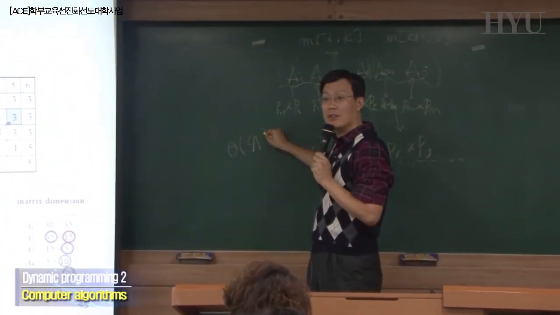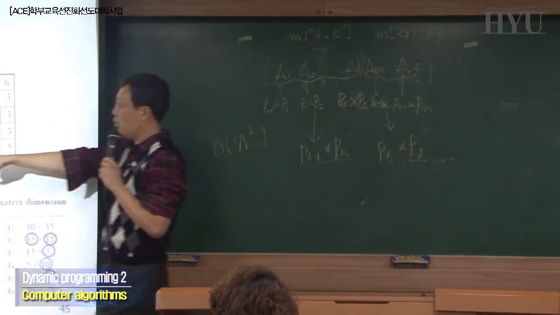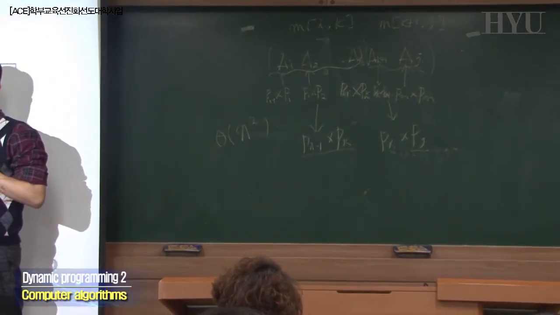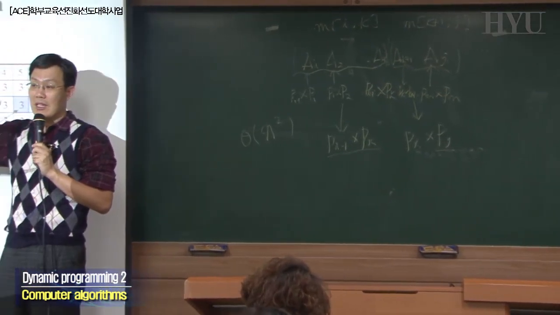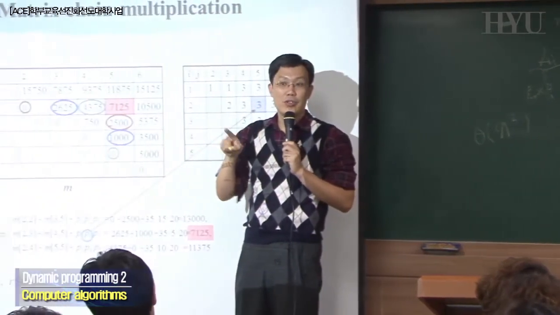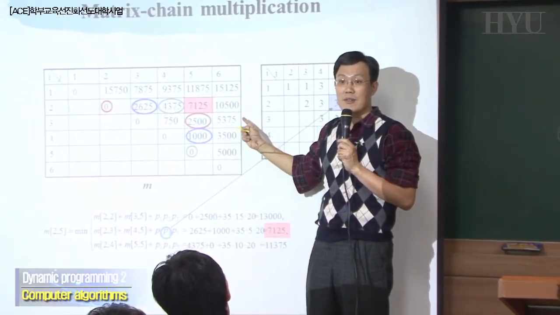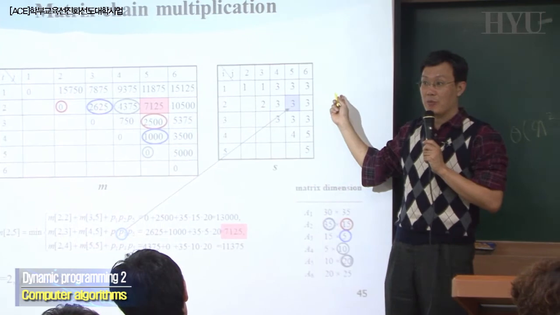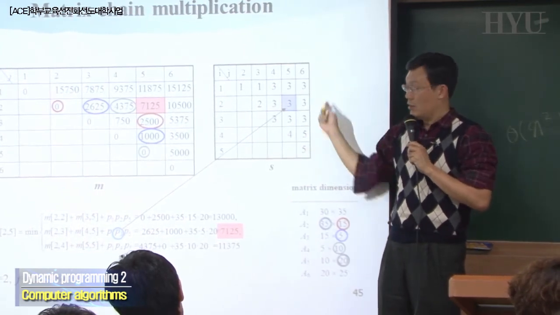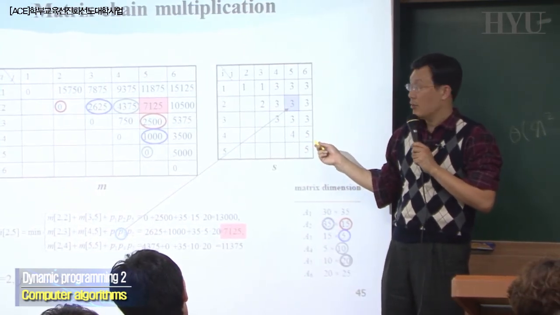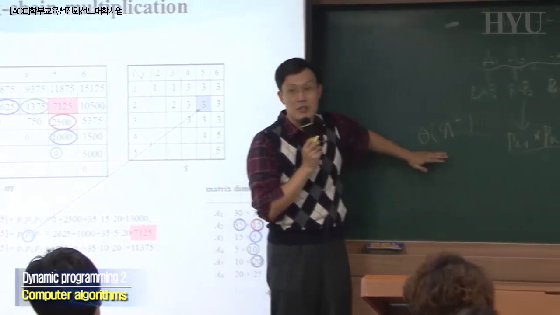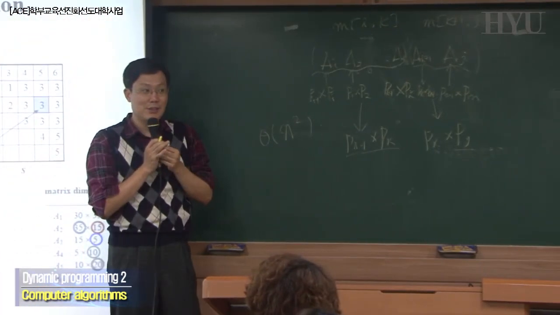N squared. Because we store about n squared over 2 elements. And we have another table. So the space consumption is n squared.